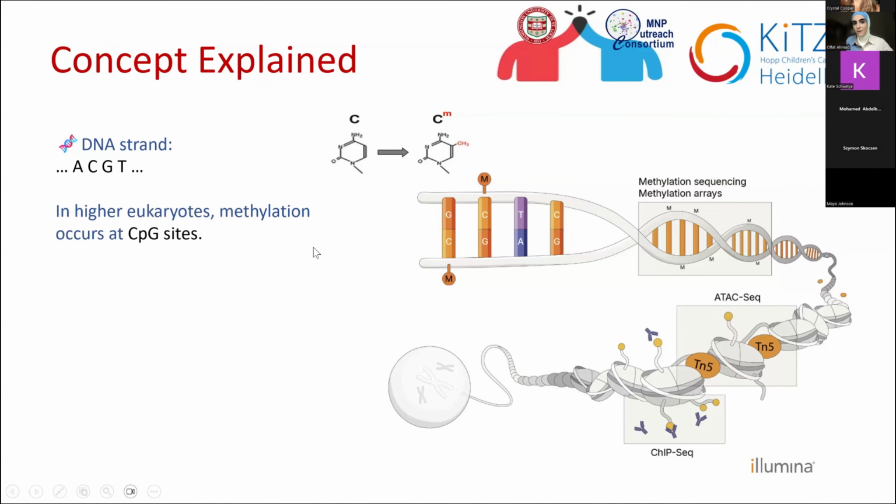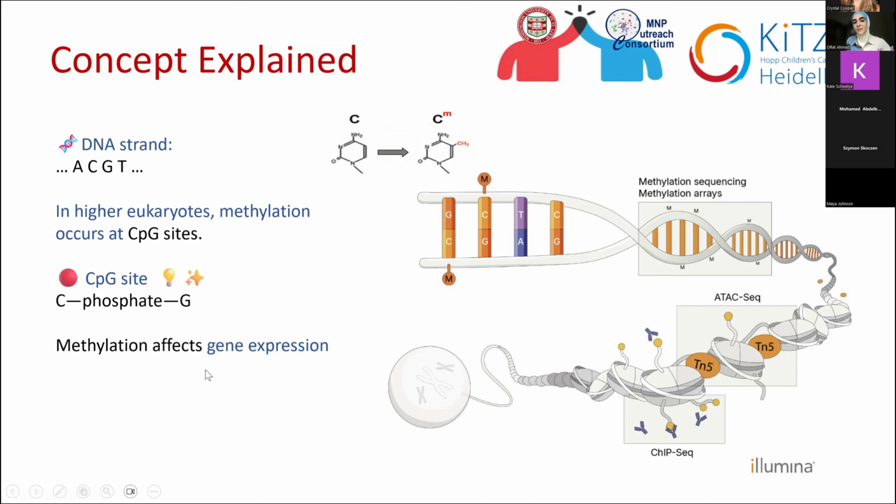In higher eukaryotes, like humans, methylation occurs almost exclusively at CpG sites, and this is the first term that we would stop at. So when we say CpG site, it simply refers to a cytosine and a guanine that occur next to each other, and the P stands for the phosphate group here, simply.